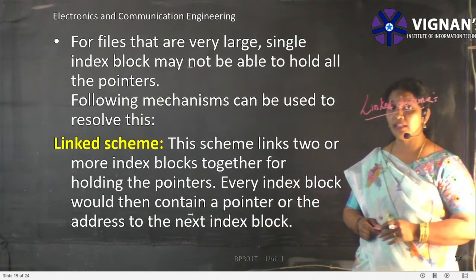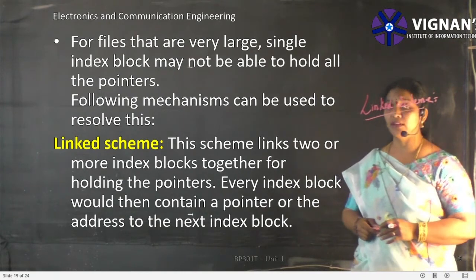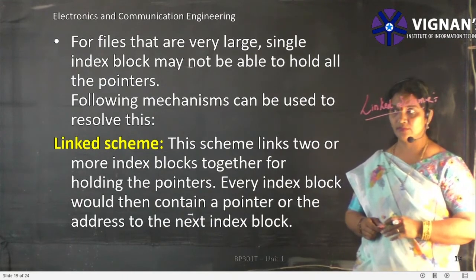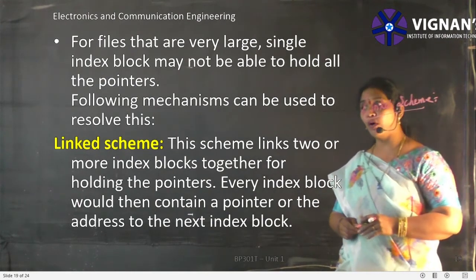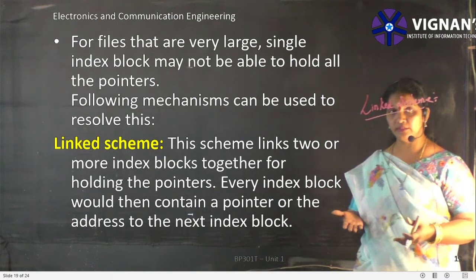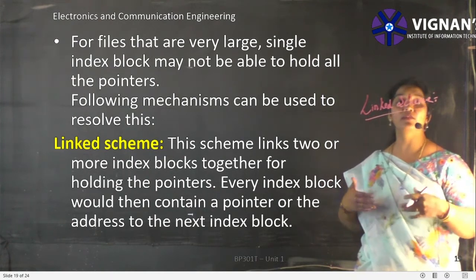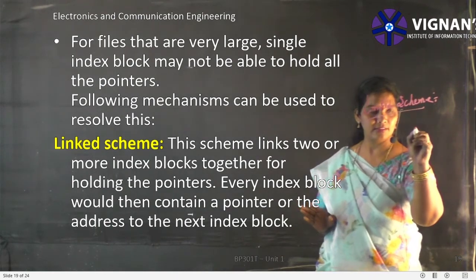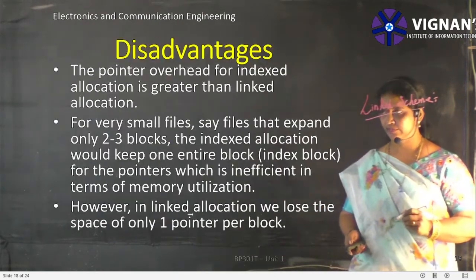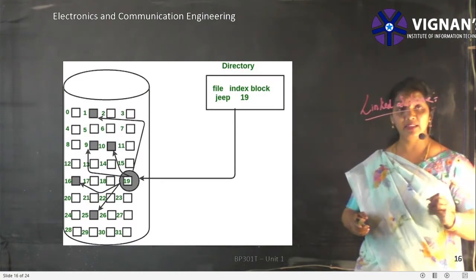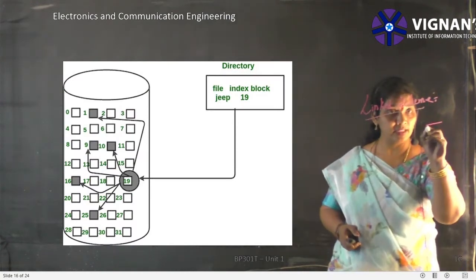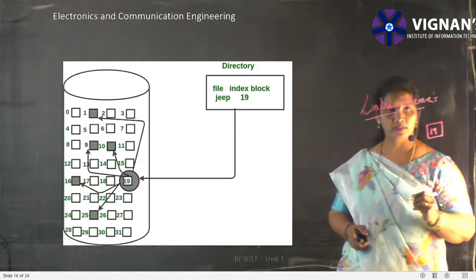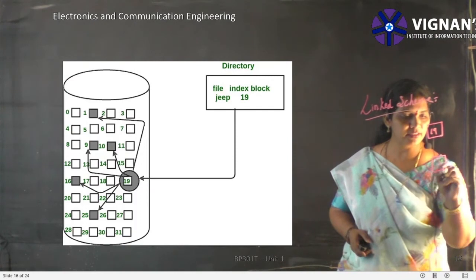This scheme links two or more index blocks together for holding the pointers. Every index block would then contain a pointer, or the address, of the next index block. That is, if my block 19 is not sufficient to hold all these pointers, then some other location, 23, can be used.